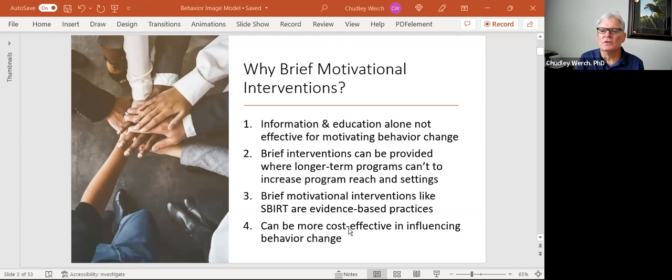Number 3, brief motivational interventions like SBIRT, screening, brief intervention, referral to treatment, are evidence-based practices. So you can feel comfortable that they have some evidence support. That is brief motivational interventions. And number 4, they can be more cost-effective in influencing behavior change. Why? Well, it just took 1 session.